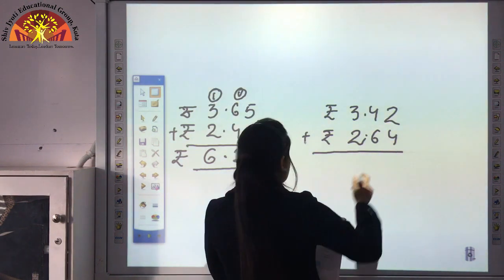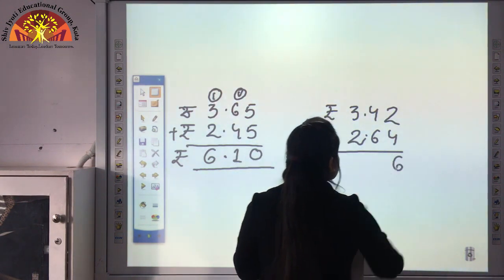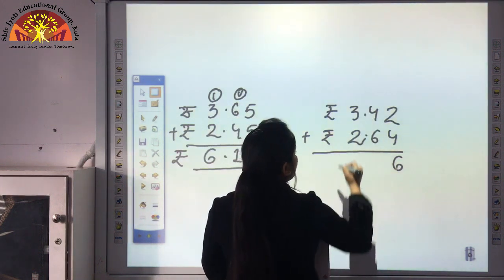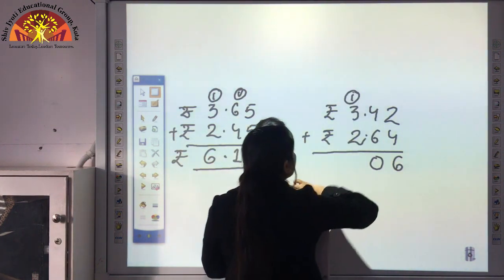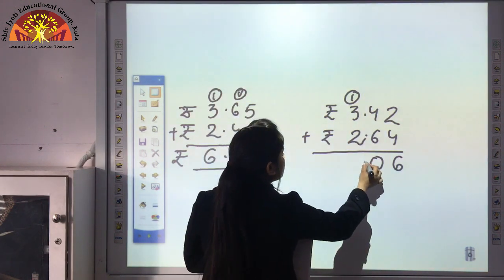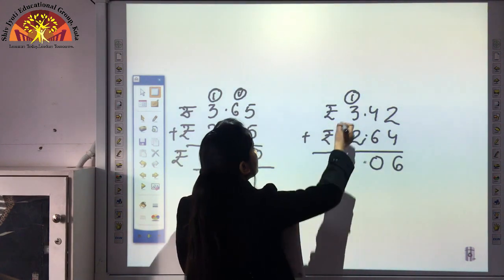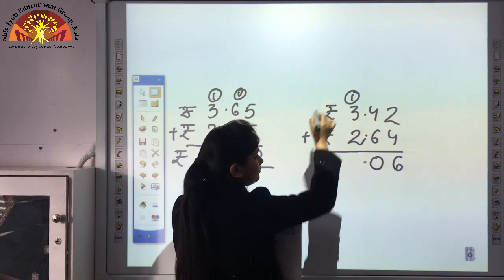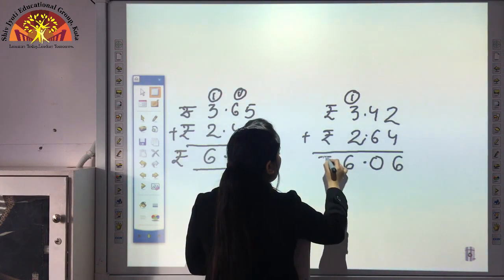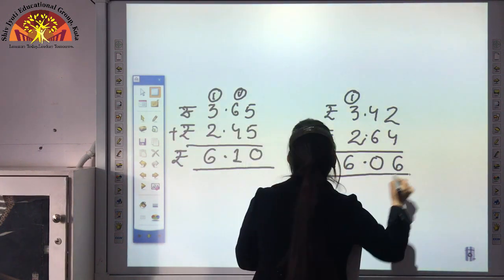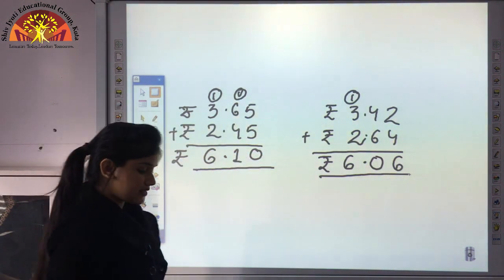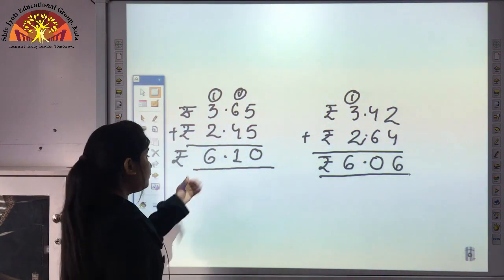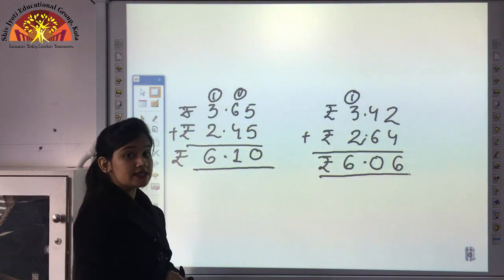So students, 4 plus 2 is 6, 6 plus 4 is 10, so we'll write 0 here, 1 carry over, and we can see dots are coming, so we'll put a dot here also. Now 3 plus 2 is 5 plus 1 will be 6, and here we are getting rupees 6.06. It means rupees 6 and 6 paise, and here we are having rupees 6 and 10 paise.